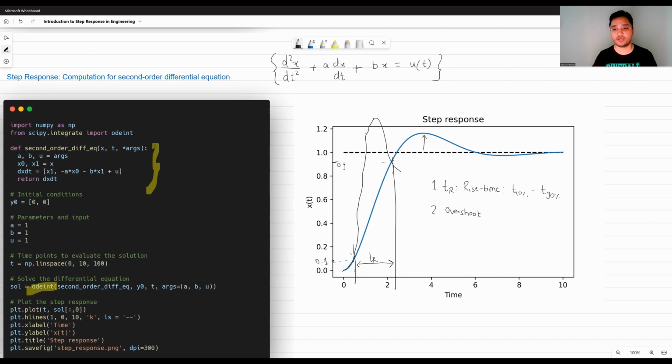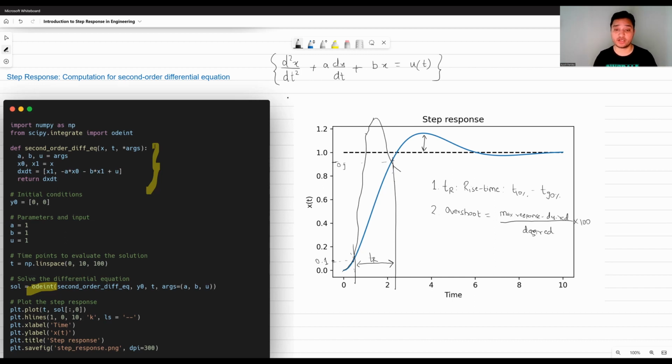And we can define overshoot as the maximum of the response minus the desired level that we wanted to reach, divided by the desired level. And we can convert this to a percentage if needed. So that's the second metric.